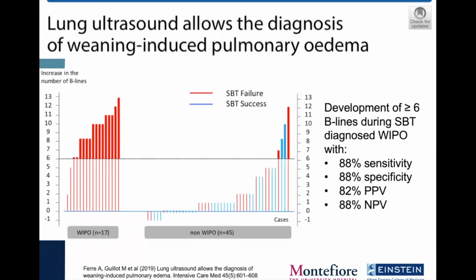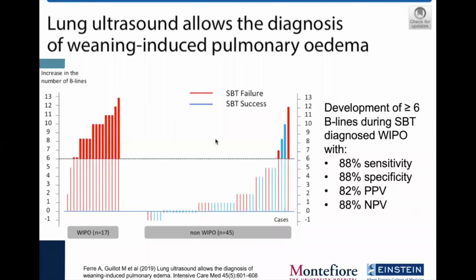Assessment of B lines has also been looked at as a role for weaning off mechanical ventilation. So this was a prospective study looking at the development of anterior B lines during 62 SBTs, each of which were lasting 1 hour. So we see in red are the SBT failures and blue is SBT success. Failure they defined as SBT was interrupted by clinical intolerance or need for reintubation after extubation.